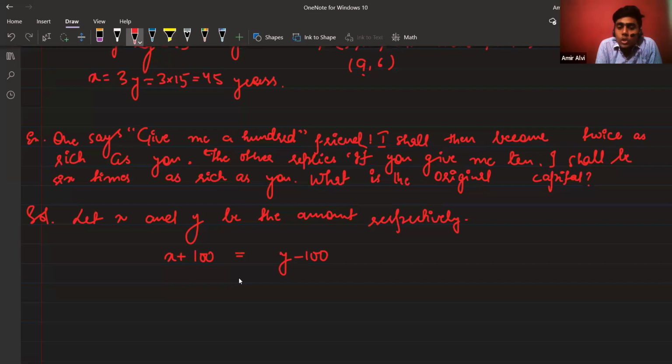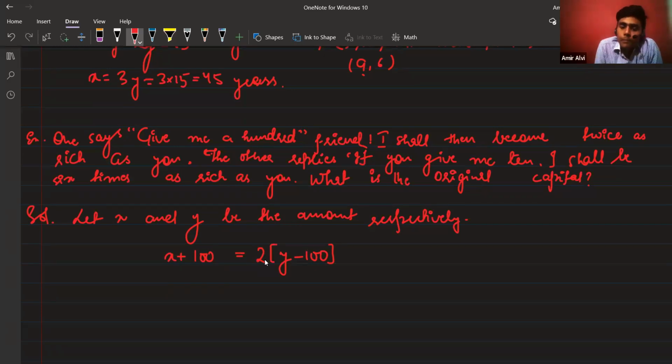Why? Because Adil is giving me 100 rupees. After losing 100 rupees, Adil will be left with something, and if you multiply that by 2, it will become equal to me.